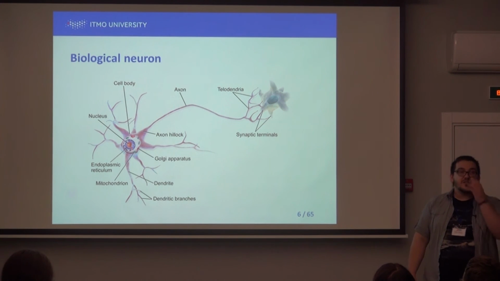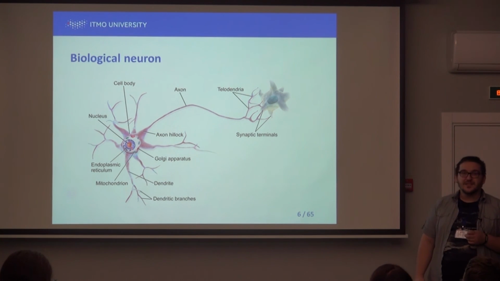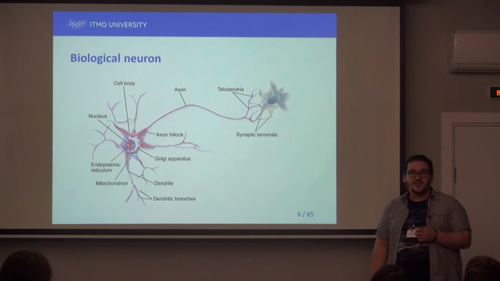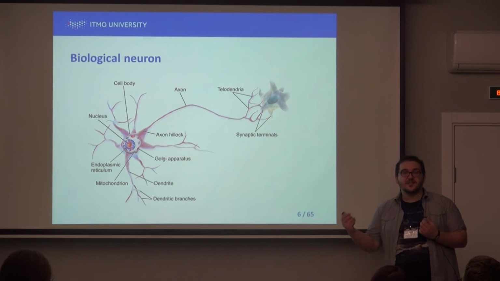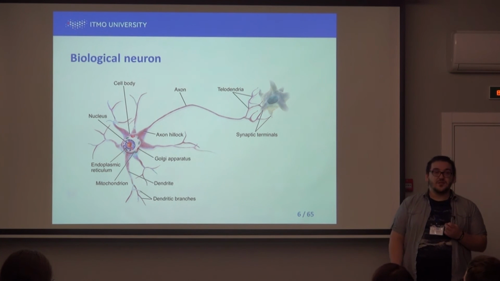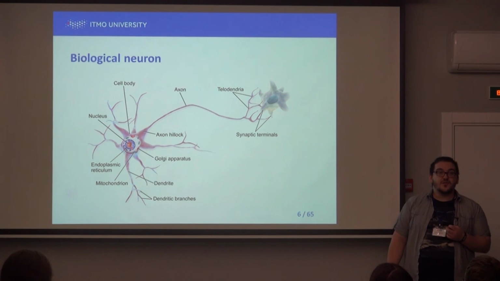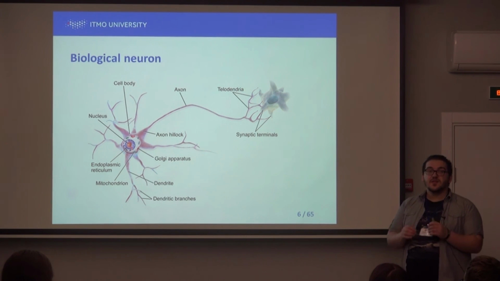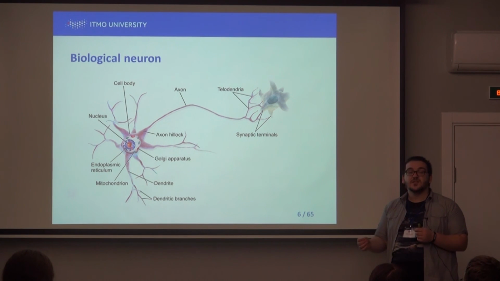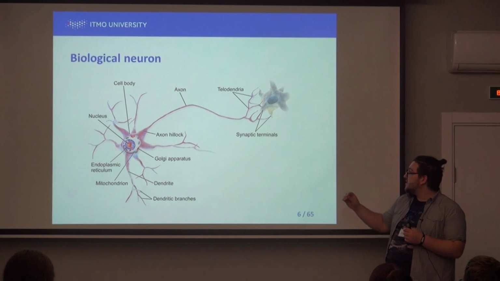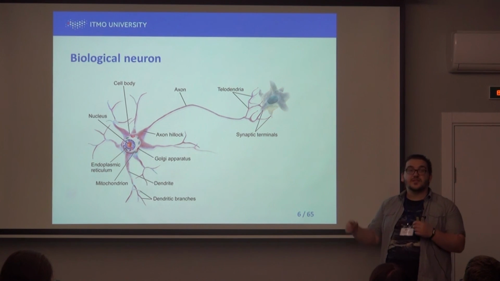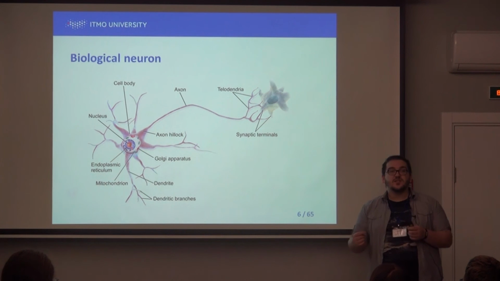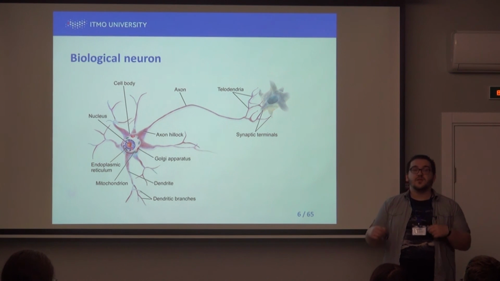So the intuition about neural networks was given by neurons. The first are artificial, and the second are natural. This is a picture of a neuron. We all have neurons in our brains, and they build associations with axons, and use axons to translate impulses from one neuron to another neuron.